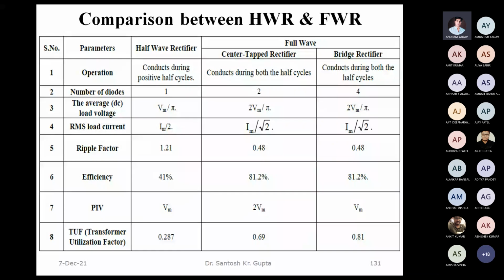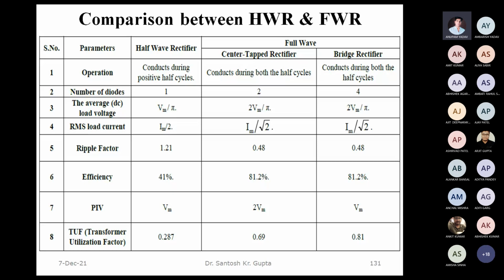Maybe some of you have also used them in the lab. In the half wave rectifier and full wave rectifier, you can use the filters and try to compute the DC values, the ripple factors, or other important parameters.